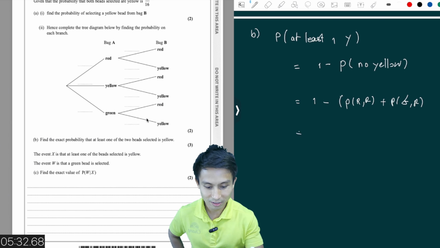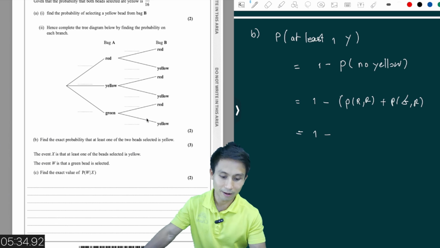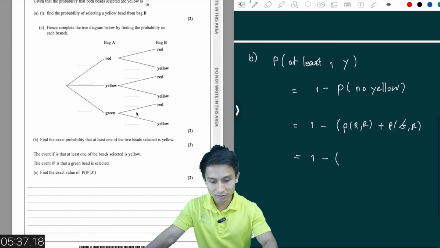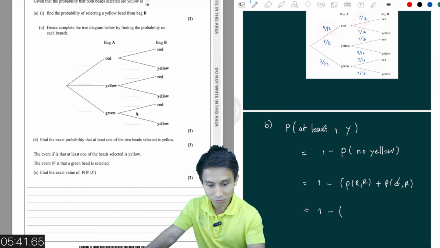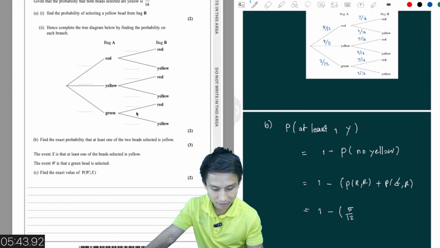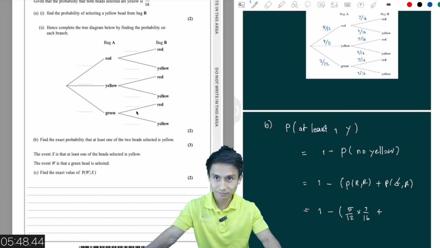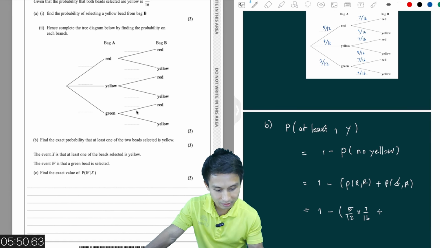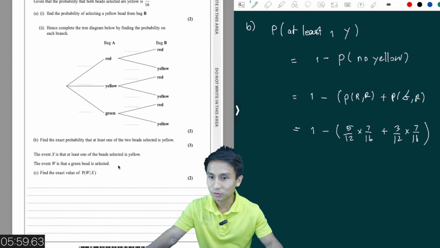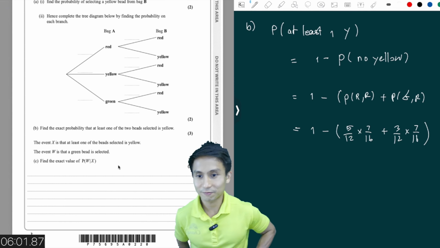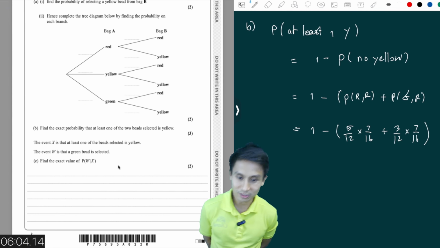So that's it, yeah? So 1 minus red, red. Well, because we got the tree diagram already, we're going to use it. So red and red, that would be 5 over 12 times 7 over 16, plus green and red, so 3 over 12 times 7 over 16, right? And that would be the exact probability of at least one of the two beads being yellow.